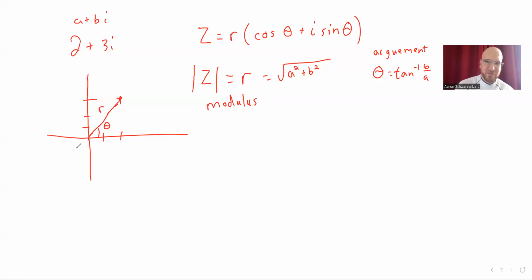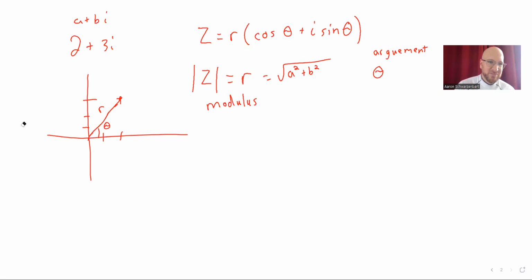Because it could be over in a quadrant where inverse tangent doesn't go. You need to interpret it correctly. I probably shouldn't say that that's always what it is, because sometimes we need to figure that out from the graph, and we're usually going to use inverse tangent.